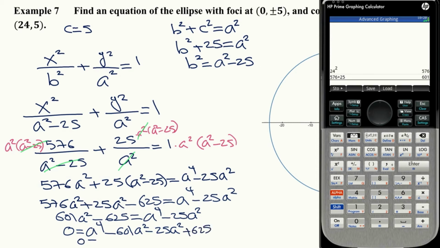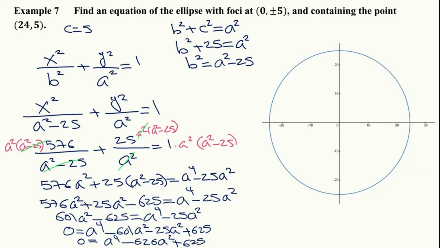So we get 0 is equal to a to the 4 minus 626 a squared plus 625. Okay, those numbers look a little scary, but they're not that bad if you look at it, because now we're going to factor that.